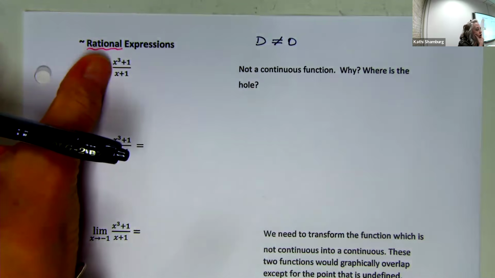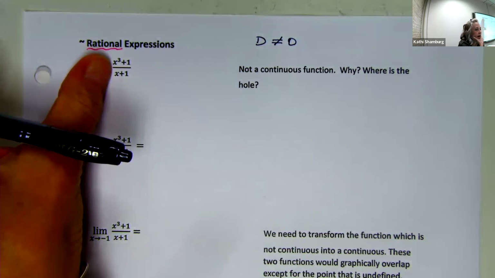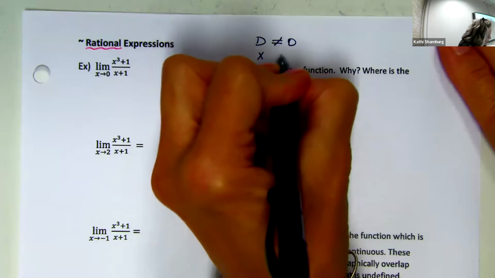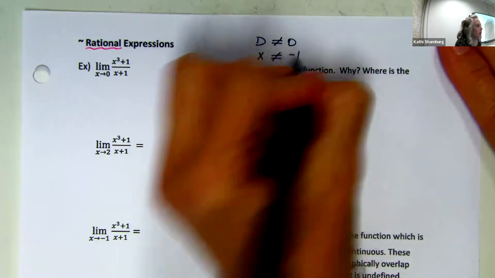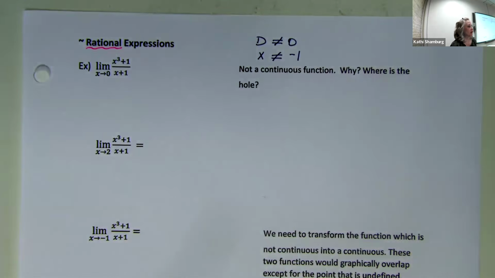So what value is restricted for x? -1. So x cannot be -1. That's my restriction. Is the limit approaching -1?